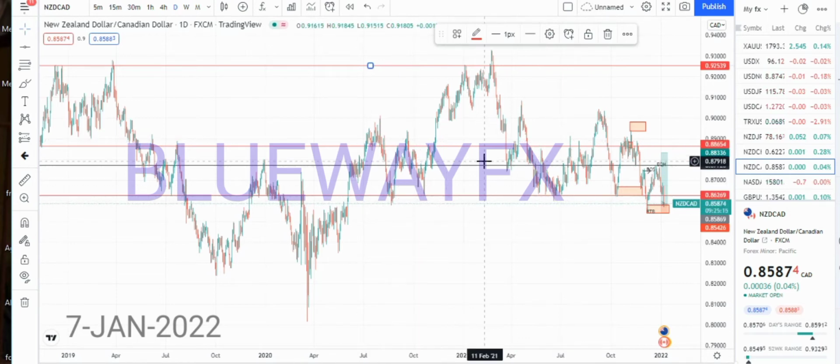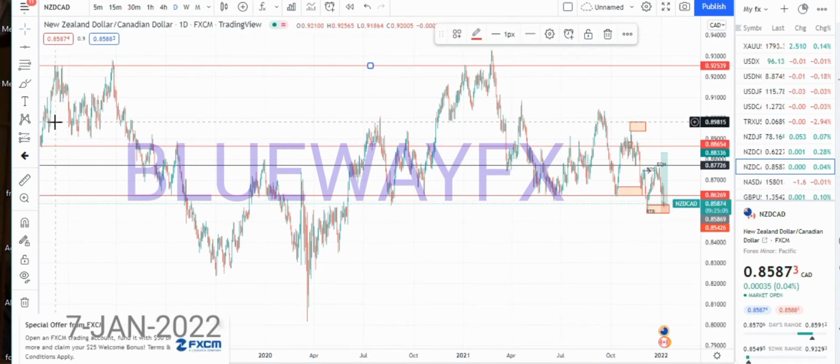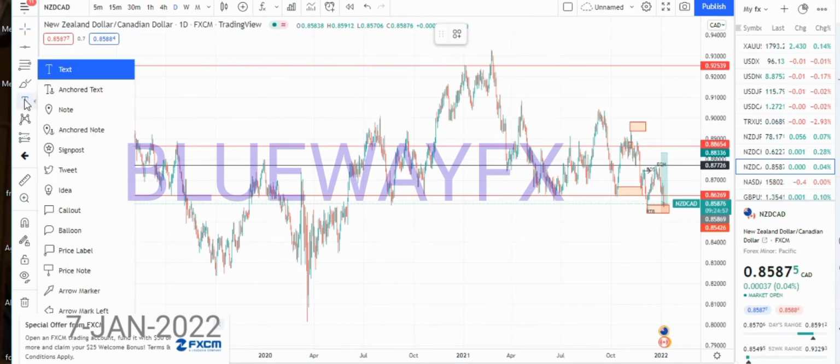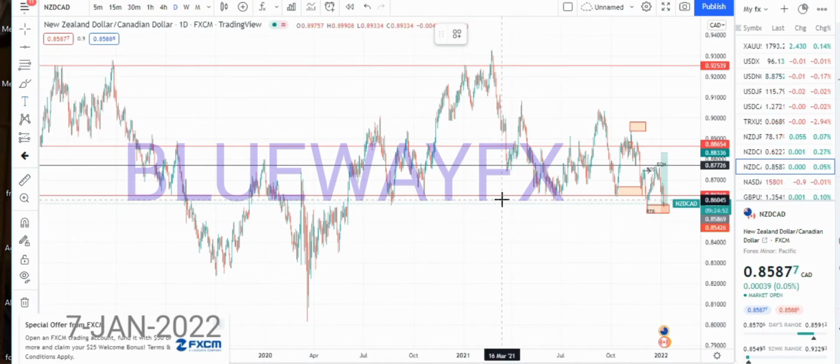So let's switch down to the 4 hours time frame. Let's see what we have. Below here we have the equal lows. Around this region we have the equal lows. Let me mark that out because it's a significant point that we are going to make reference to later.